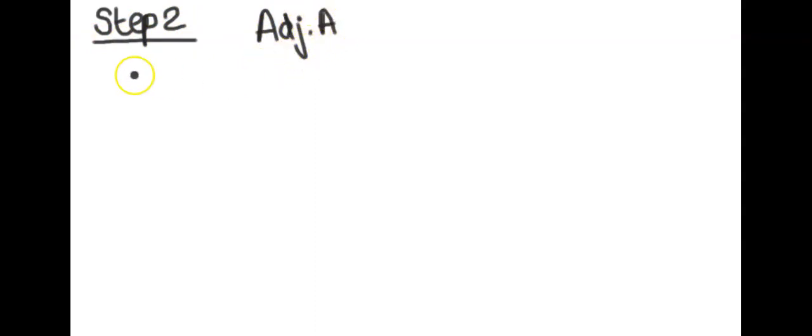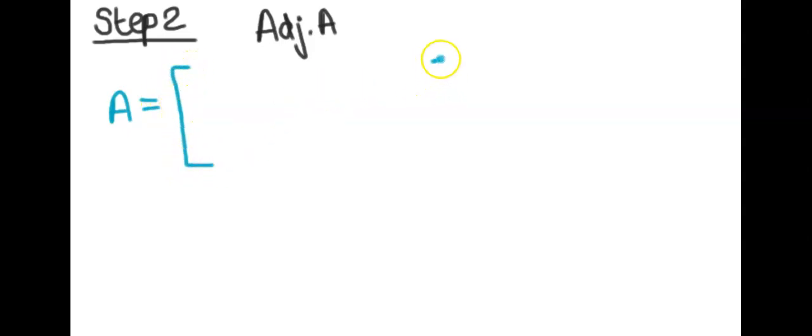Okay. Now your second step, step 2. In the master equation, the thing that was missing is the adjoint or adjugate of A. How do we find that one? Because it's a 3 by 3 matrix. The matrix I got was, let me just go back.